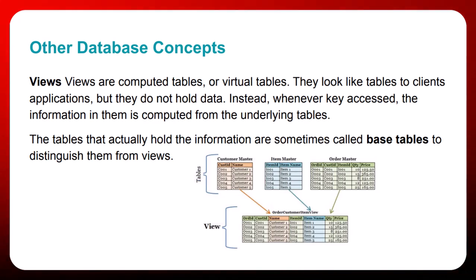Instead, whenever the client accesses them, the information in them is computed from the underlying tables. The tables that actually hold the information are sometimes called base tables to distinguish them from views. But basically a view contains a combination of the whole information.